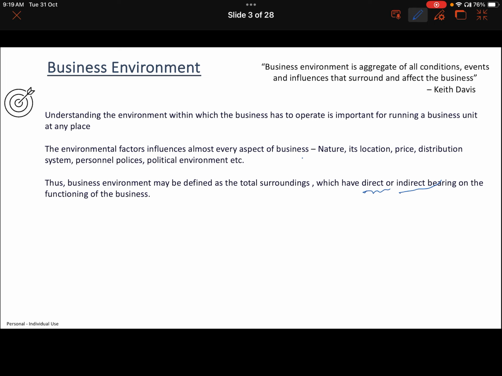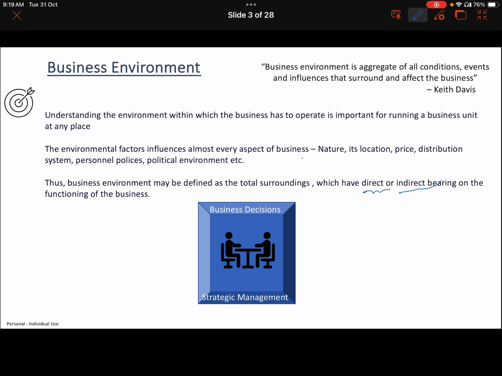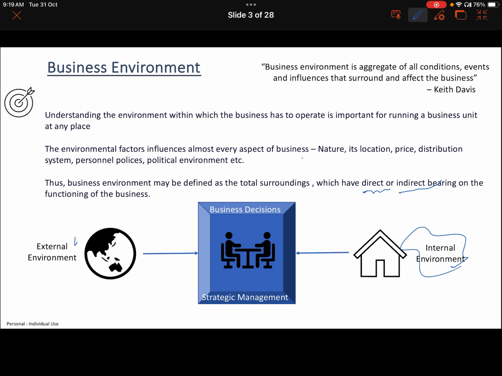So moving on, just in a simple way, we can say that business decisions, which are part of strategic management, will be carried out considering the internal environment, which is related to the business operations, and then the external environment, which is external to the company.